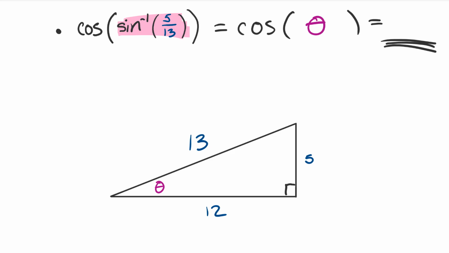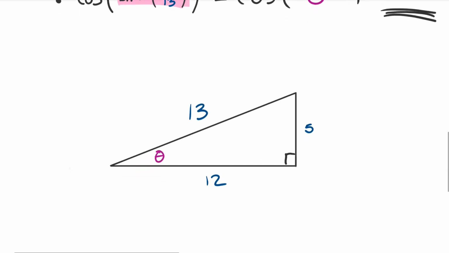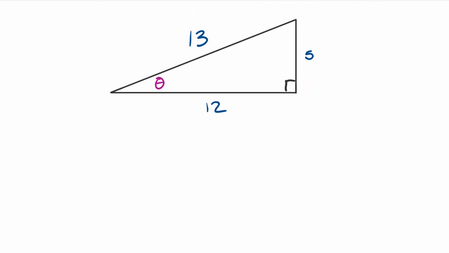I'm going to ask us to get theta down here. The theta down here, I want the exact value of it. Let's do it in terms of sine. Isn't that going to be sine inverse of 5 over 13? Is that chill?